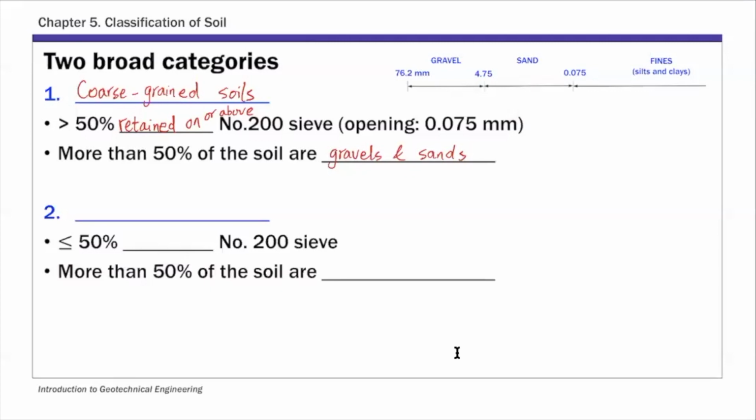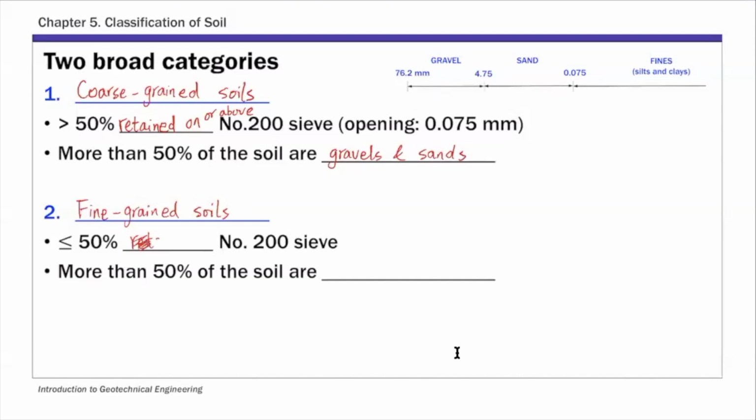The second category is the fine-grained soils. Okay, so let me actually write it this way.